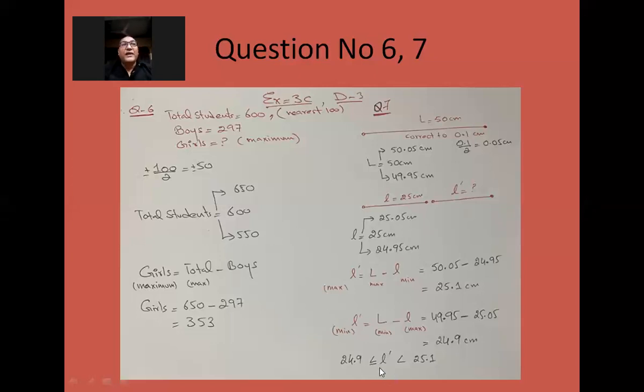The L prime, or the length left, will be greater than or equal to 24.9 centimeter, and less than 25.1 centimeter. This question is a little tricky, but I have tried my best to explain how this is done. So that's question number 7 from exercise 3C. We are working on the limits of accuracy. I hope you understand this.